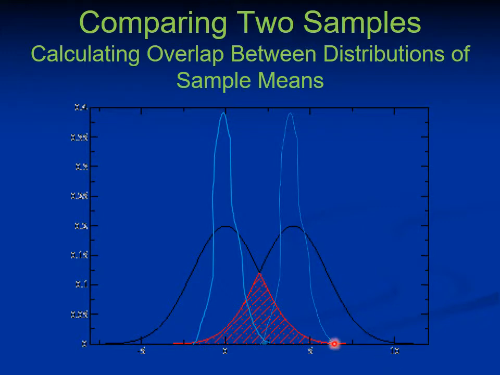You can see there's quite a bit of overlap. But the blue curves, much tighter curves, represent our sample mean distributions. The overlap of the sample mean distributions is obviously much smaller than the larger overlap we had with just our two samples.